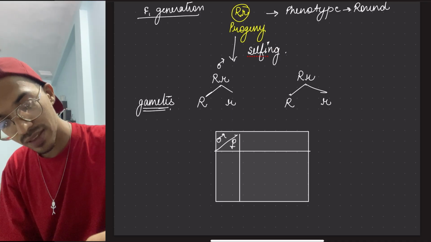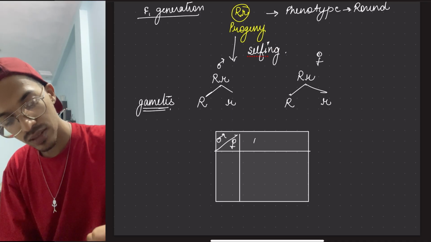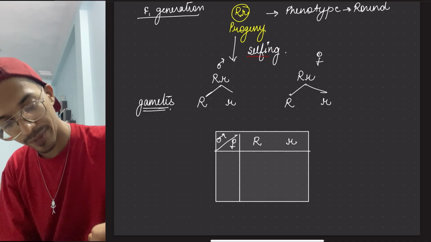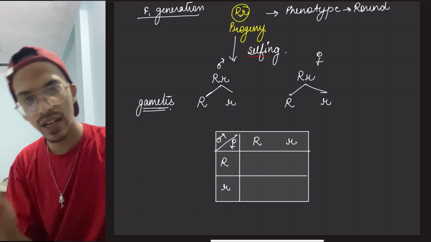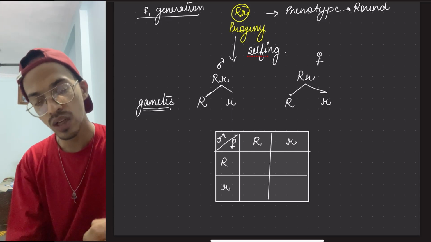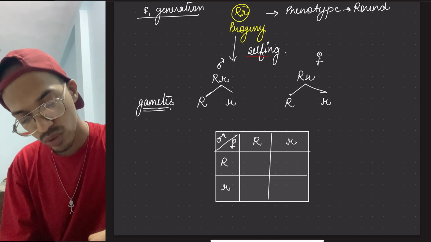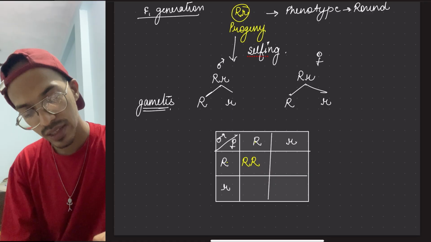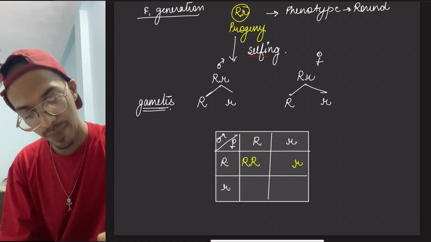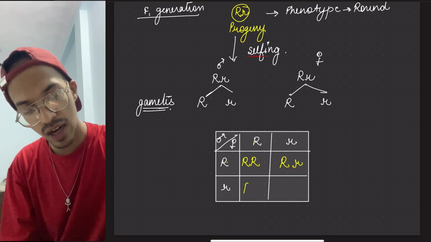The gametes are capital R, small r, capital R, small r. Now you might have played Sudoku. So capital R, capital R; capital R, small r; capital R, small r; small r, small r.